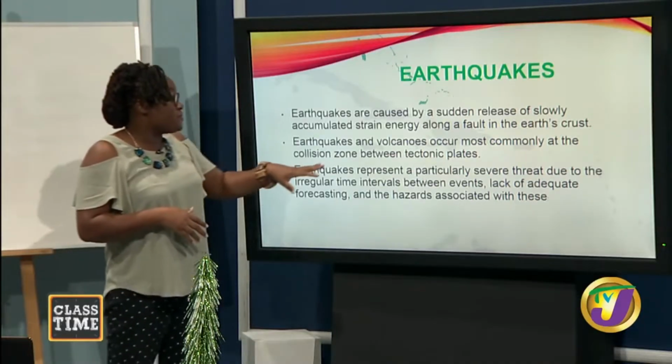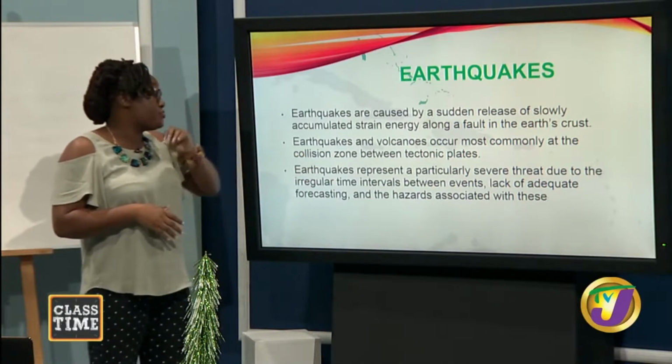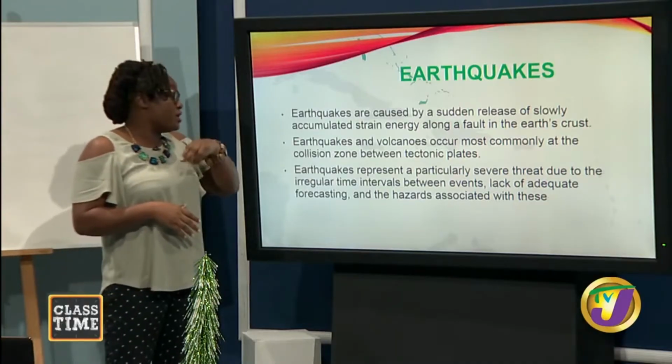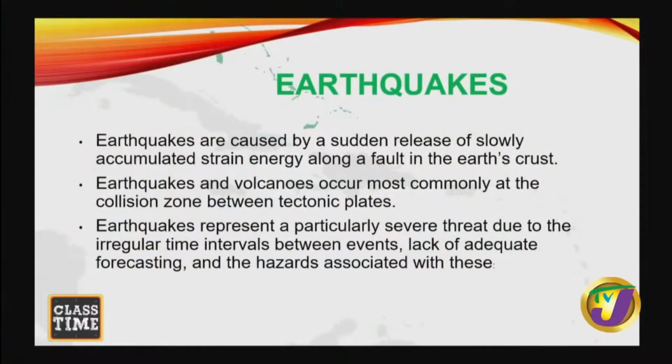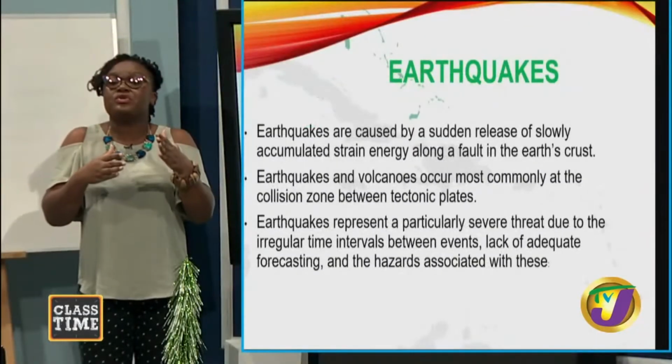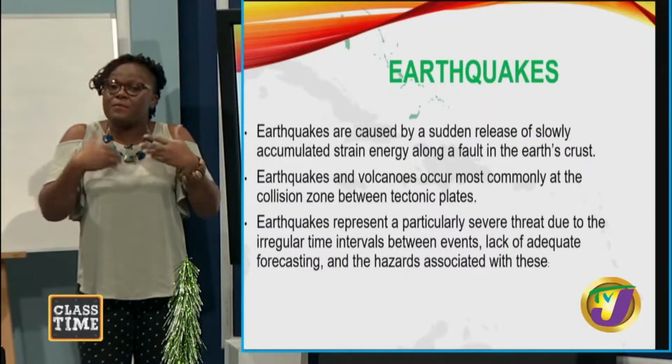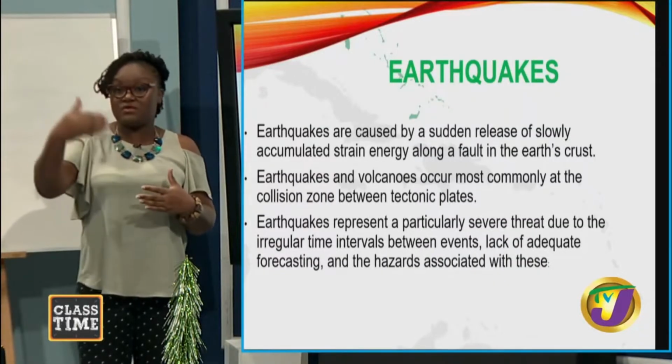So earthquakes represent a particularly severe threat due to the irregular timing and intervals between them, and you really don't know. There's no real prediction of earthquakes, even though based on where places are located and the fault lines that are known and the plates and so on and the plate movements, there are attempts to actually make people aware that earthquakes could be happening.